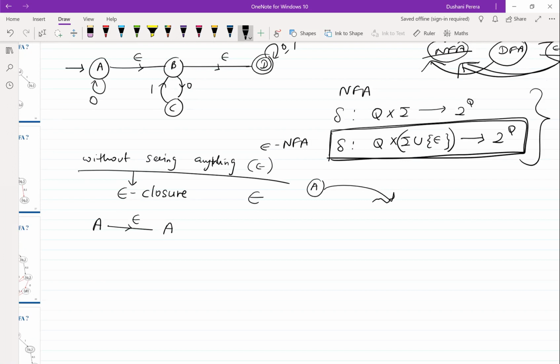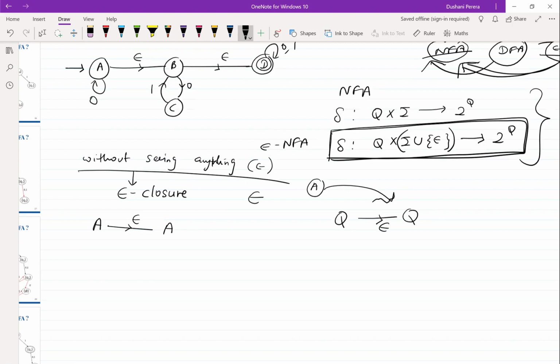So remember, when you are at a particular state, upon seeing a null transition, you are anyways there. So you say that when you are at a Q state, the null transition will take you to the same Q state because you're anyways there. There's nothing more to do. Okay, so that comes by default. By default, you will be at the same state upon seeing the null transition.